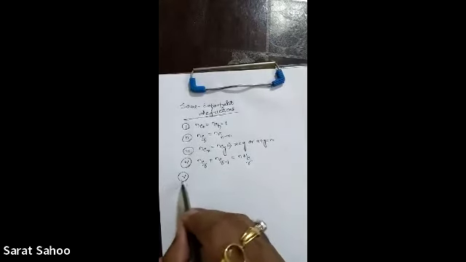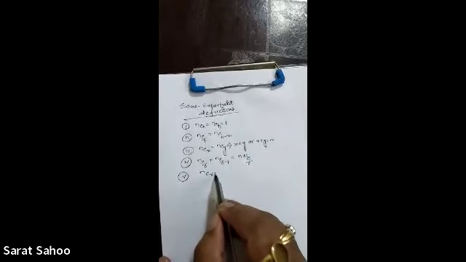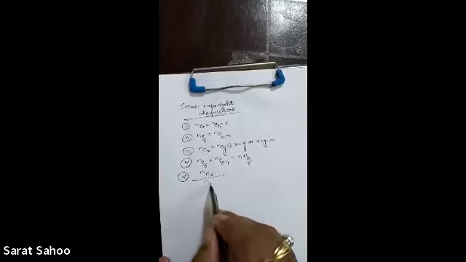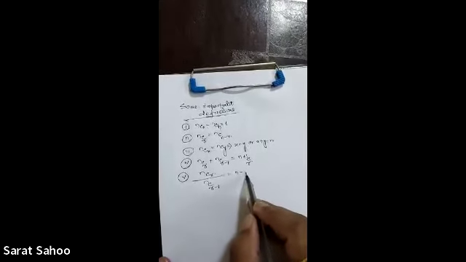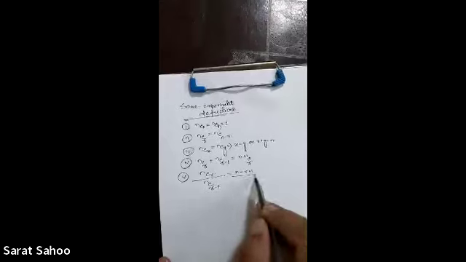Fifth one, nCr upon nC(r minus 1) equals (n minus r plus 1) upon r.